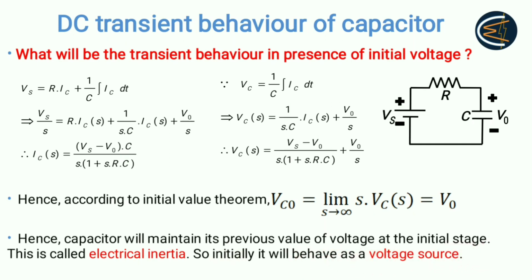So I think now this entire thing is clear to you: why does the capacitor behave as an open circuit at the steady state condition and as a short circuit at the initial condition? Why does it even behave as a voltage source in the presence of initial voltage? What is electrical inertia? Okay, so this entire analysis, I guess it is clear to you.